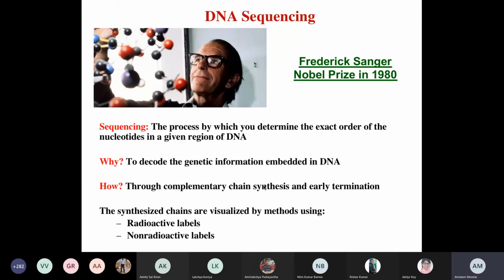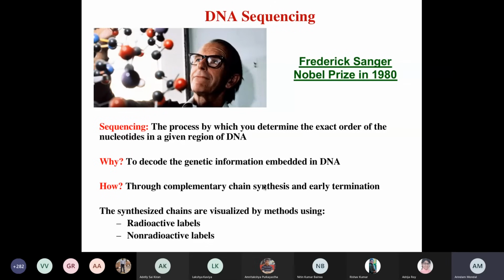So why is it important to know the sequence of the DNA? Because in the last class we talked about how the DNA is the medium where all the genetic information remains embedded. You store all the genetic information, or you can say nature has written its script of the genetic information in the language of the DNA. And how many letters are there? There are only 4 letters, ATGC.